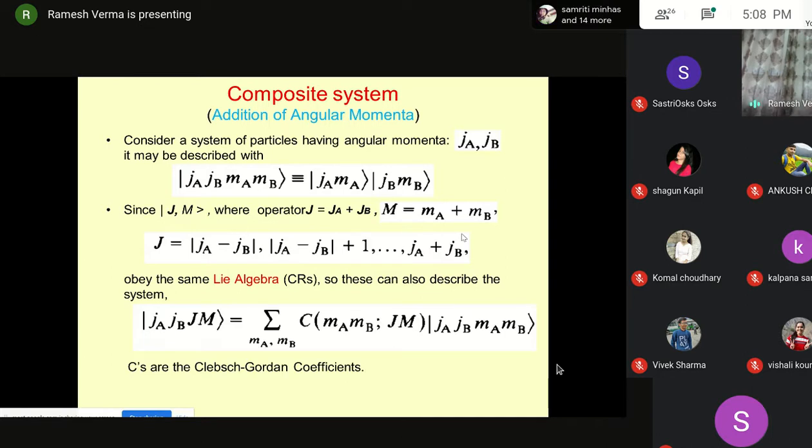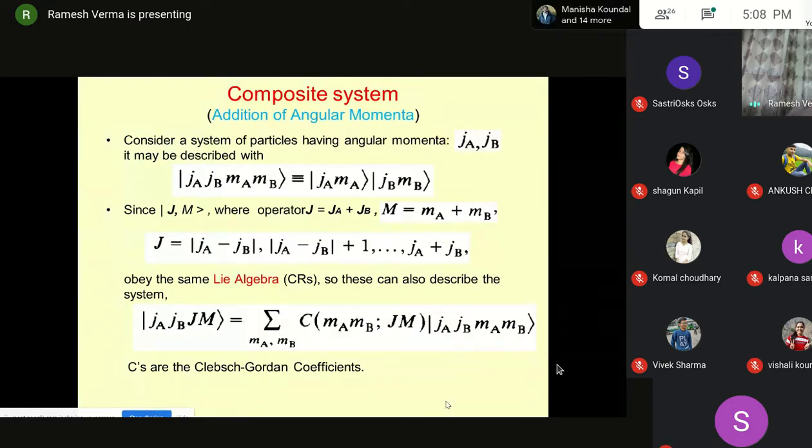Why? Because J and M also obey the same Lie algebra, that means the same set of commutation relations which are obeyed by J_A and J_B. If you're smart, you can see it is nothing but a change of basis. The point is, these |J, M> states are obtained as a linear combination of the states given here. These linear combinations involve certain coefficients, which are technically called Clebsch-Gordan coefficients.